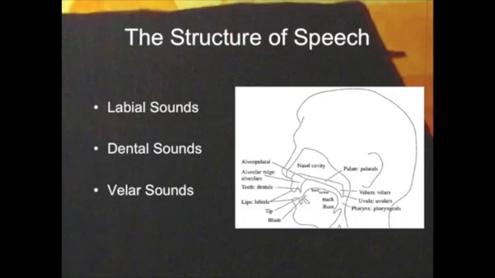And then finally, we have velar sounds, or velar contact sounds. Velar sounds are those sounds made by articulating the body of the tongue towards the velum in the upper portion of that oral cavity. Examples of such sounds in English are a K sound or a G sound.